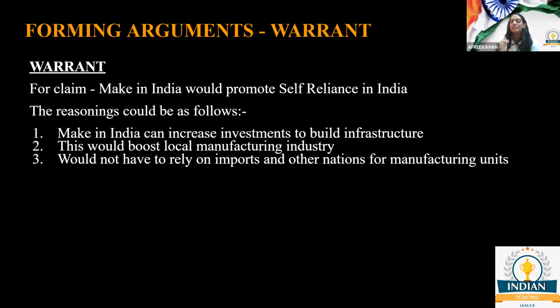Now, obviously, any of these reasonings could also be supported by a resource. So if a resource actually says the same thing, then you can say, according to Afreen 21, Make in India can increase investments to build infrastructure. This is just an example, but if there is a website that actually states the same thing, that's how you give your logic.